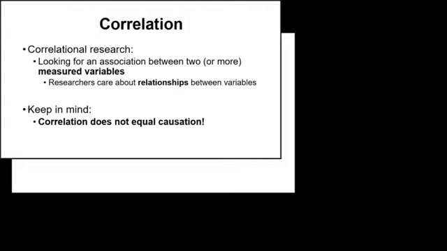And we have our consistent reminder that with correlations, we're looking at an association between these 2 variables, but we're not going to assume that one causes the other. So correlation does not equal causation, meaning that even if we find a relationship, without doing manipulations, we can't be certain that X causes Y or Y causes X. So keep that in mind.